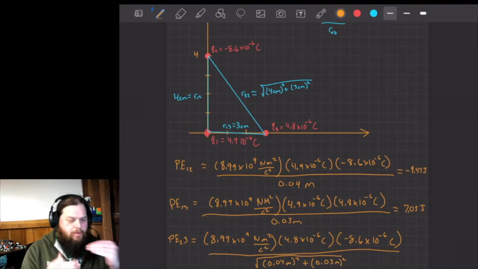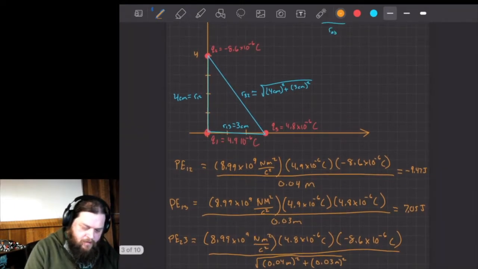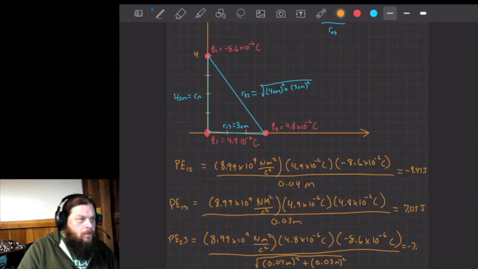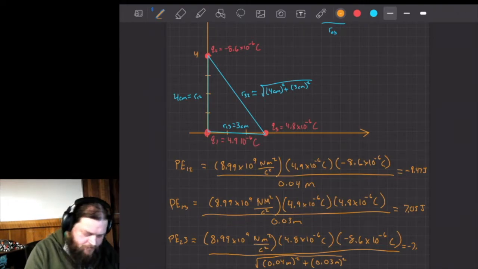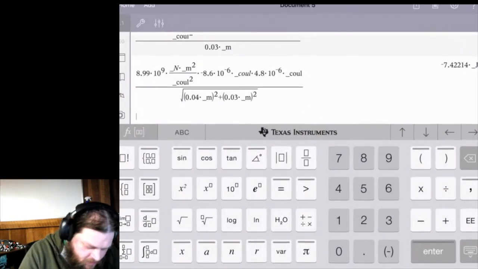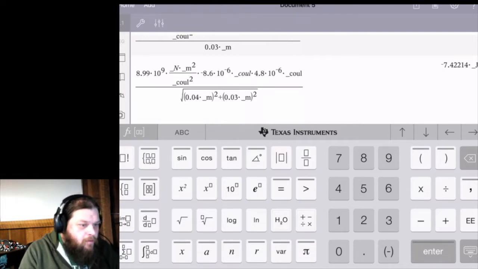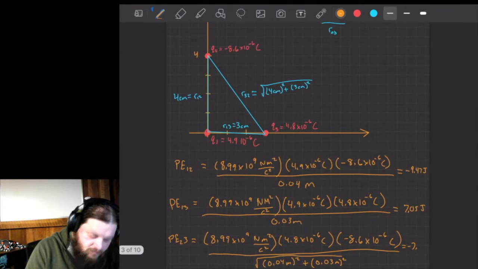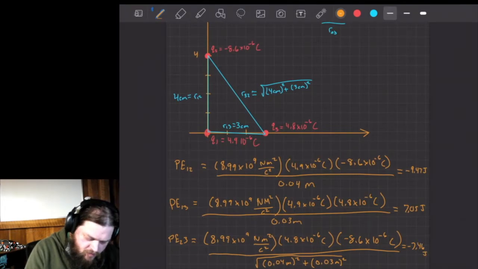And that makes sense too, because they're going to be pulling towards each other there. So it's equal to a negative 7.4 joules. Let me look at that and make sure I got everything right. 4.8, negative 8.6, 8.99. Yeah, that looks right.